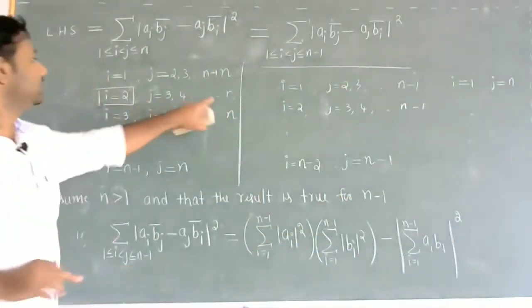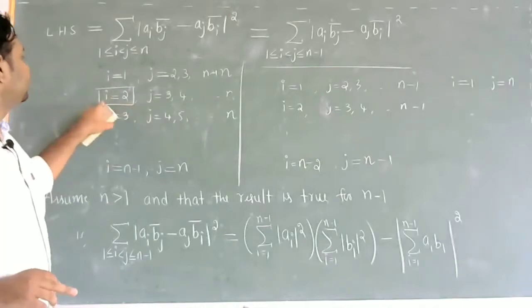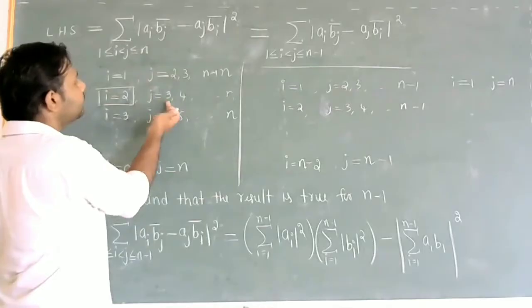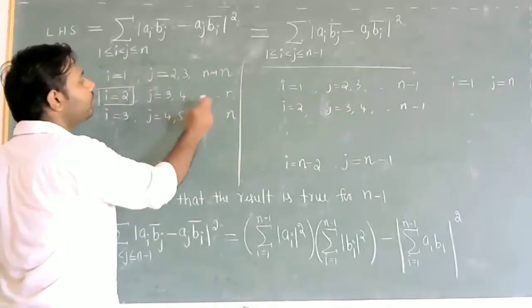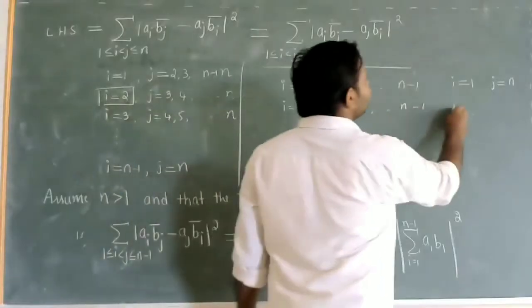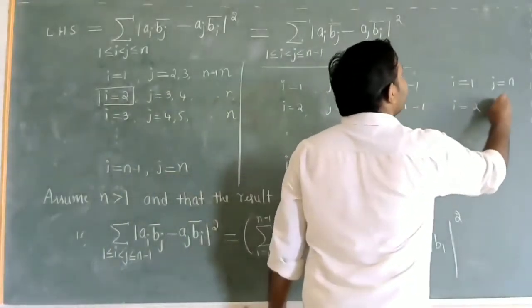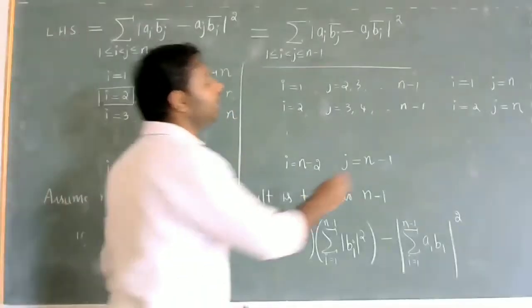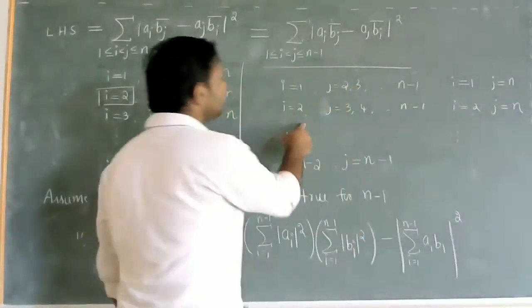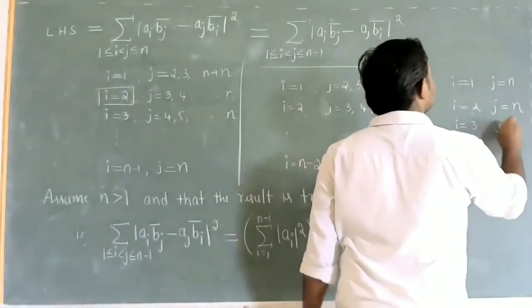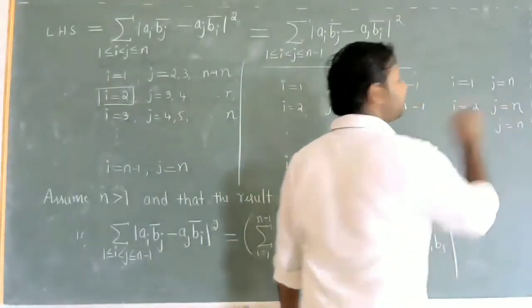Now come to the second value of i. For i is equal to 2, j actually runs from 3 to n, but here only up to n minus 1. So for i is equal to 2, I have left the value j is equal to n. Similarly, for i is equal to 3, j is equal to n. So this value I have left.